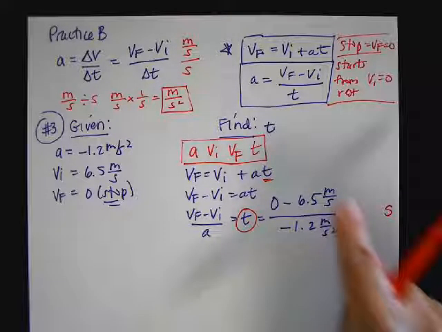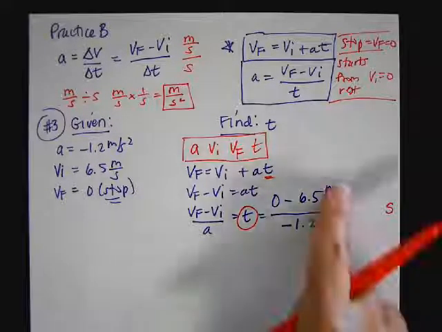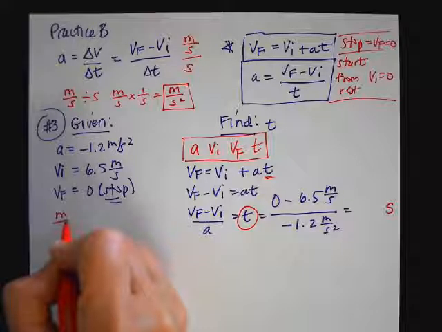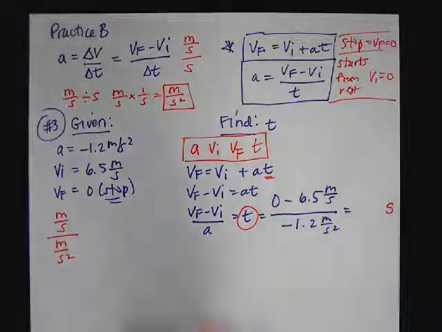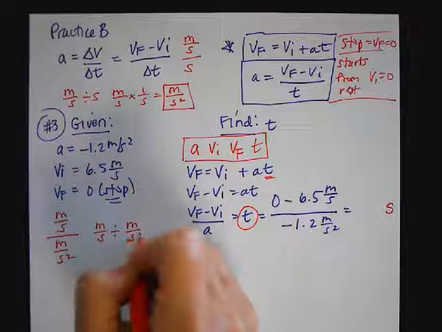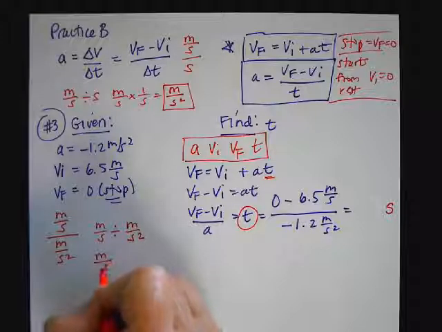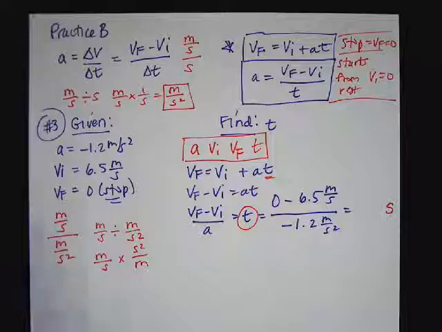So what I'm going to do on the side is take my units. I have a meter per second divided by a meter per second squared. So I have a meter per second times a second squared over a meter. So everyone look up. Look at my units. This meter cancels with that.